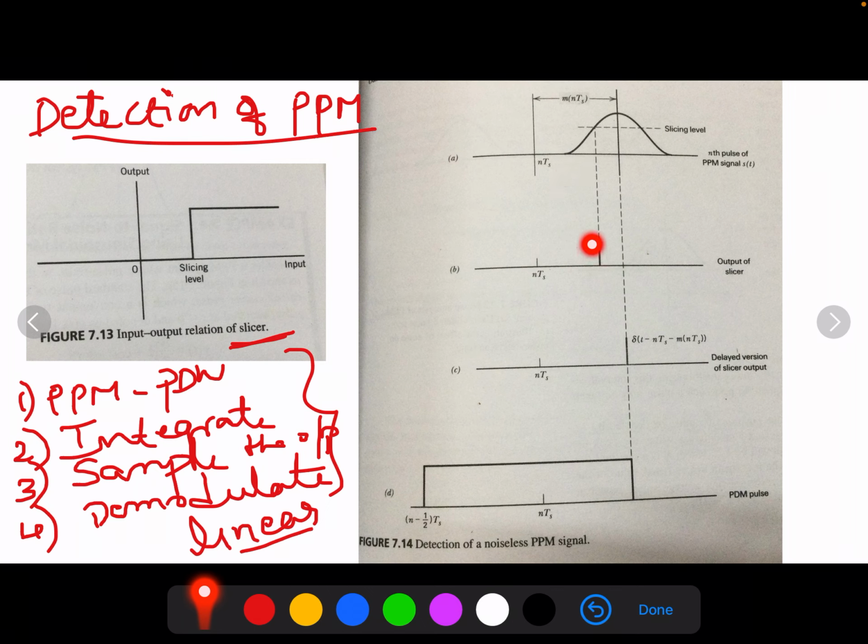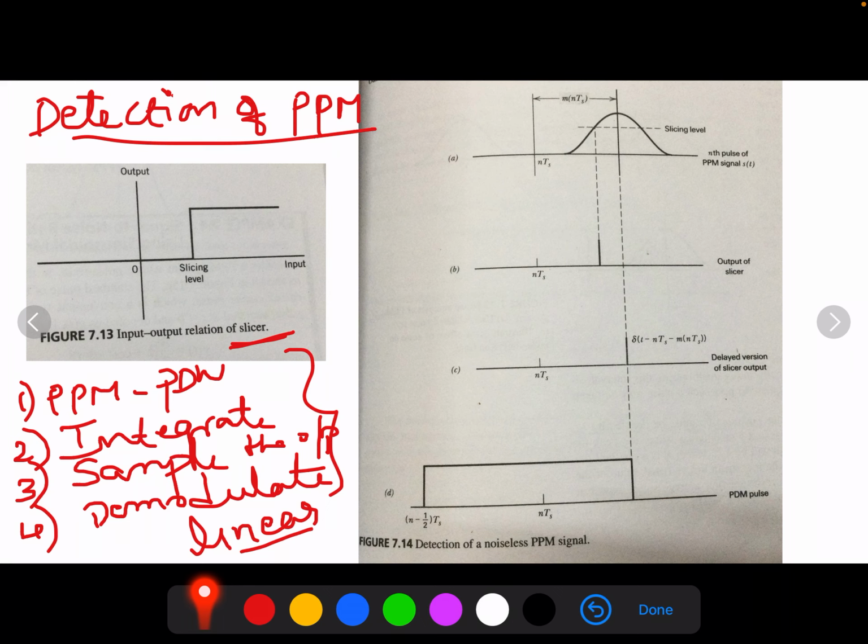Here is a short pulse which is produced as the pulse passes through the slicing level, and here an appropriate delay is applied to this short pulse, and then this is the corresponding PDM. Having converted the received PPM signal into the PDM wave with the same modulation, the receiver then proceeds to reconstruct the original baseband signal M of t. So this is how we detect a noiseless PPM wave.